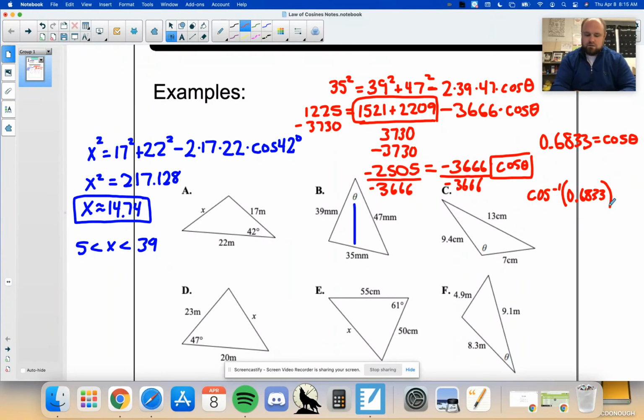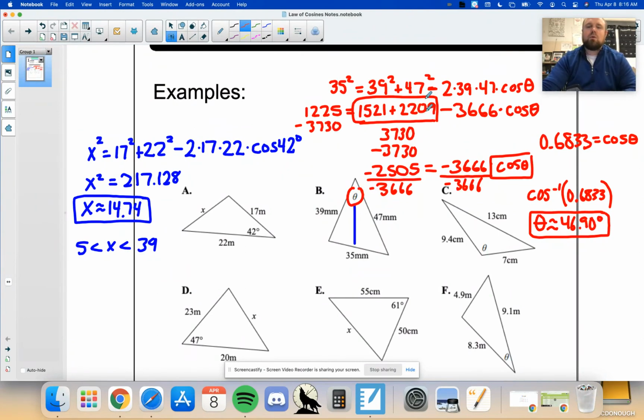So I'm going to go second cosine inverse, 0.6833, and that gives me an angle theta of approximately 46.897, so 46.90 degrees. Okay, so my angle theta is 46.90 degrees. So that would be the answer for part B here for finding theta.